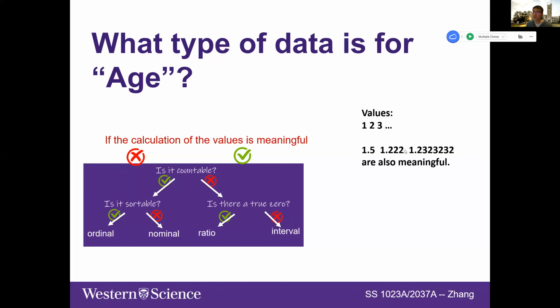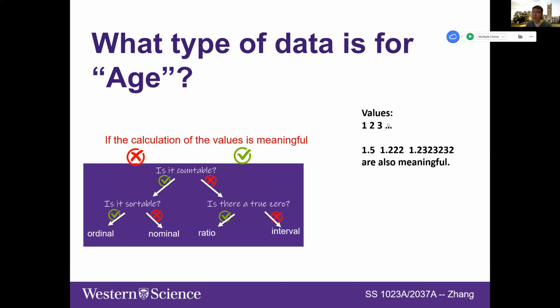This 1.5 just means a year and a half, so these values themselves are meaningful in terms of age. In terms of countable, we sort it as not countable because there's no way to count how many of these different ages there are. That's why we regard it as ratio data.